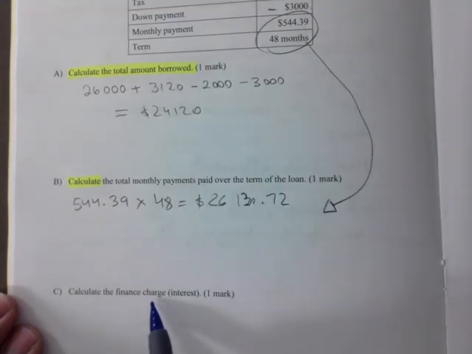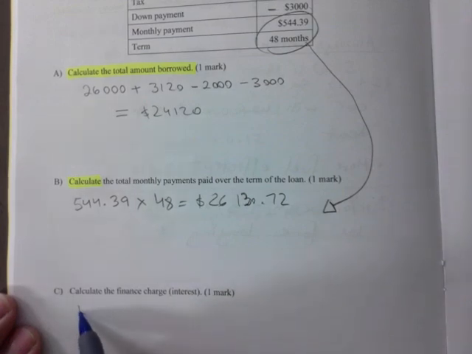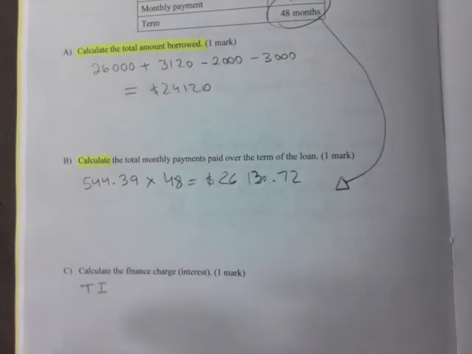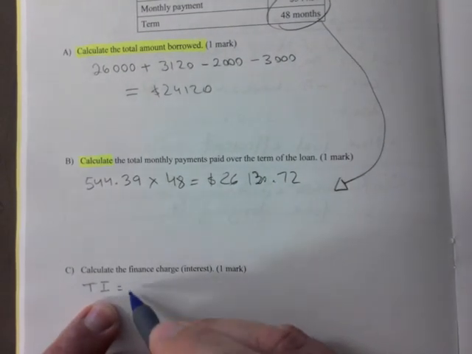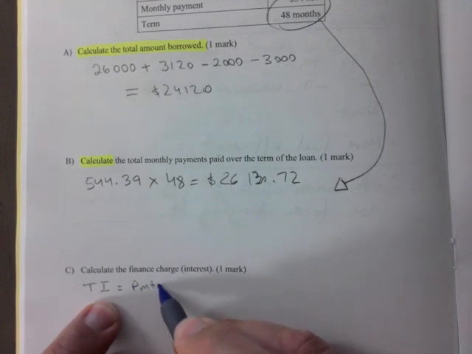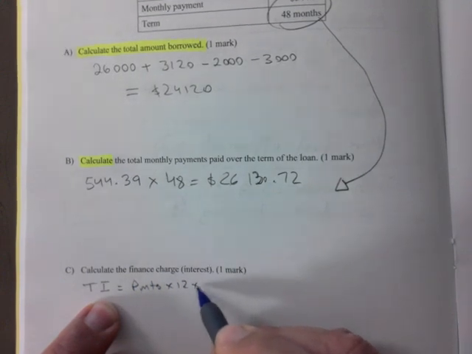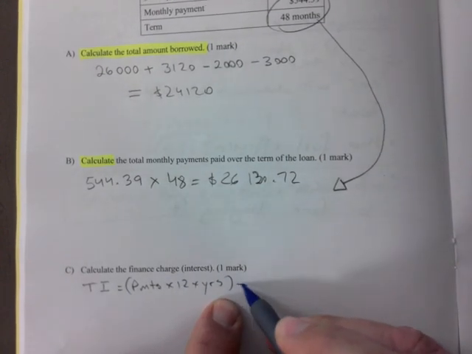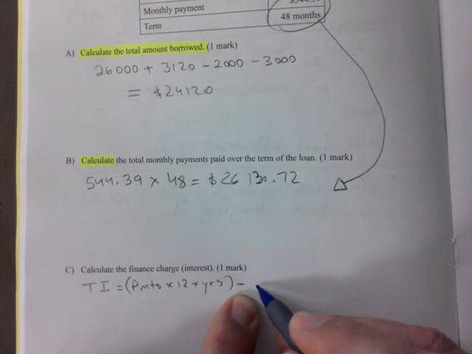Calculate the finance charge interest. That's total interest, right? This is the formula you probably have. And this is where I'm going to show you how to use my formulas. Total interest is payments times 12 times years. So this is the danger of using formulas, minus your loan.